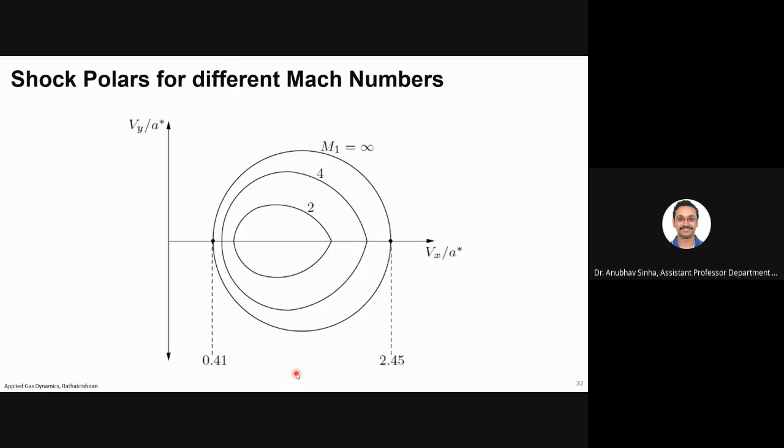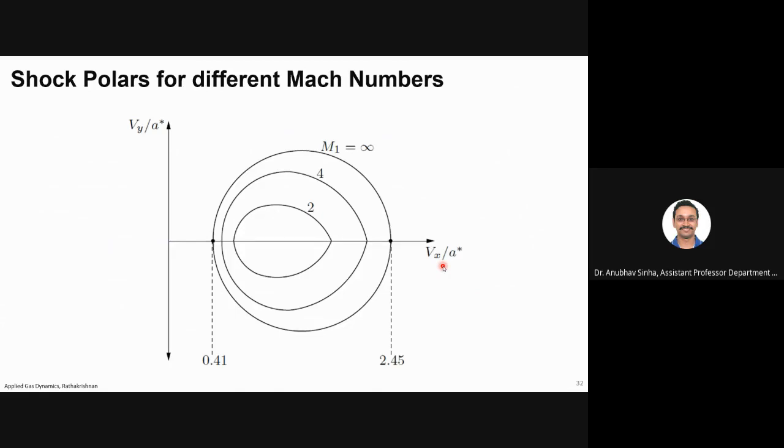This is how it will look in a hodograph plane where you have non-dimensionalized using A star. We will anyway look at some numericals, so you will see how exactly we plot those points and how we use a hodograph or shock polar to solve any numerical.